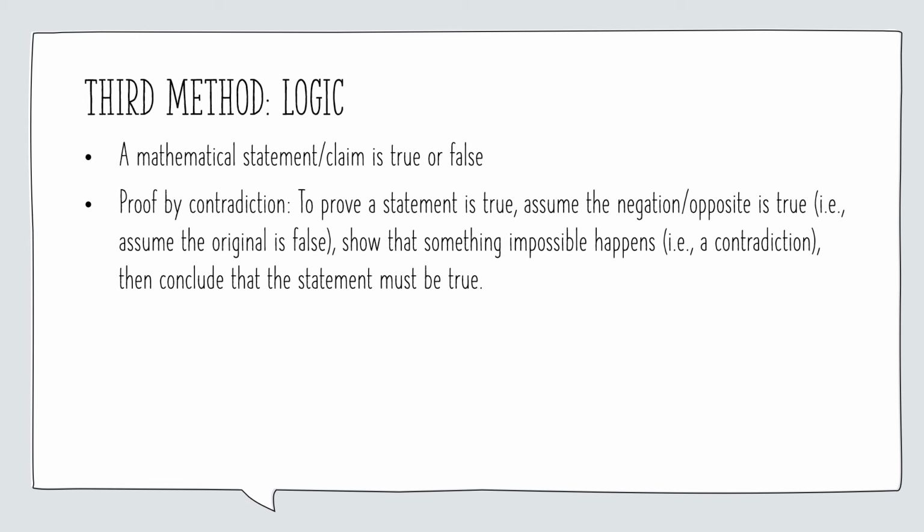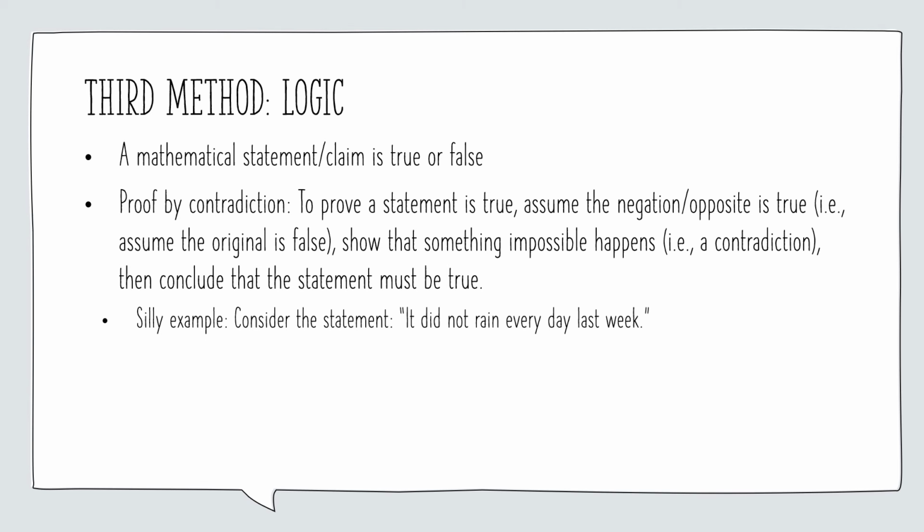So you're assuming the original is false. And then you're showing that, if we assume the opposite is true, then this wild, crazy thing happens. We call this the contradiction. So if something impossible happens when you assume the opposite, then that must mean that the original has to be true.